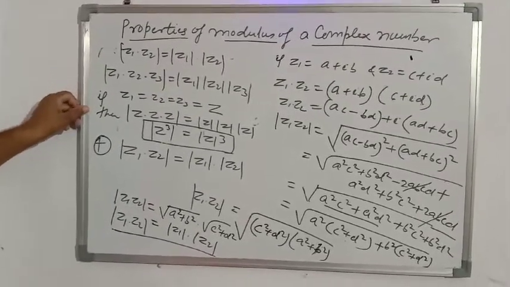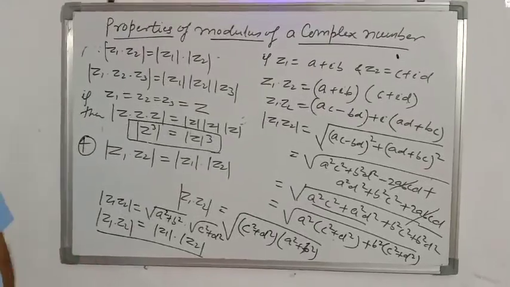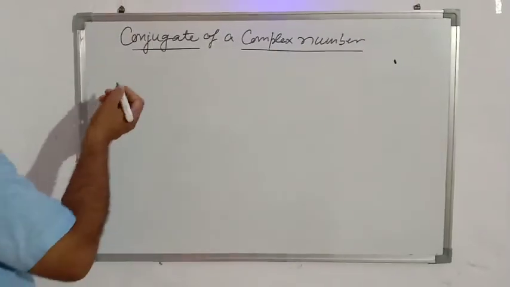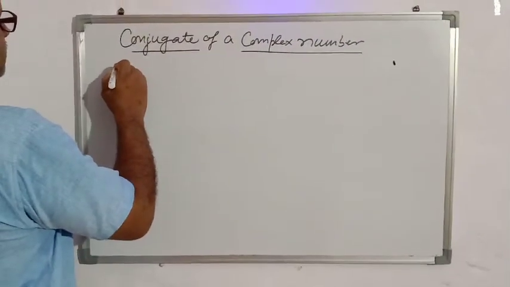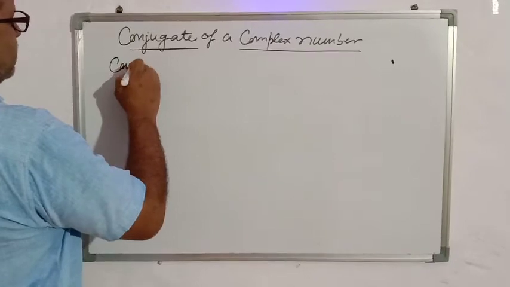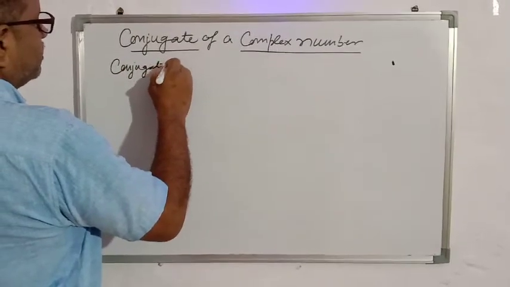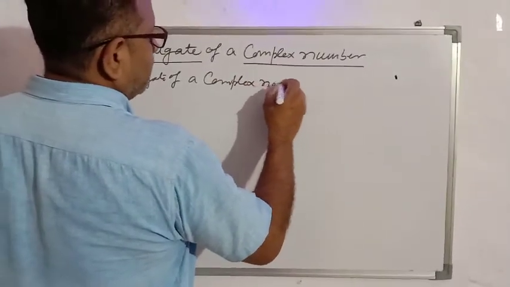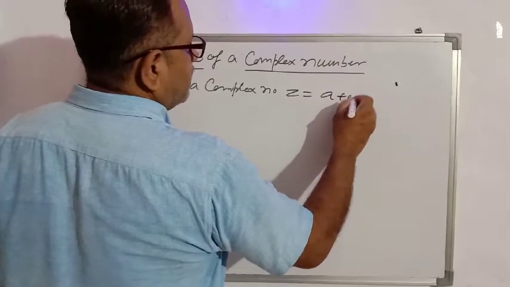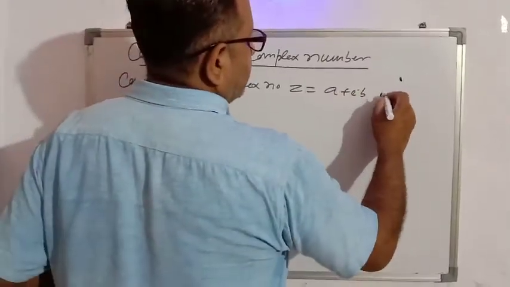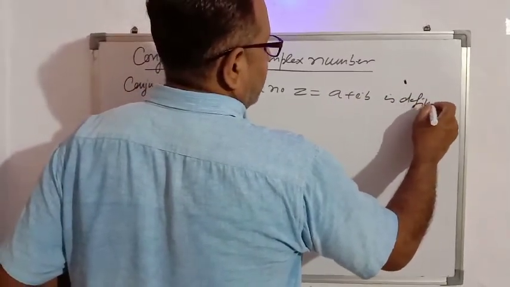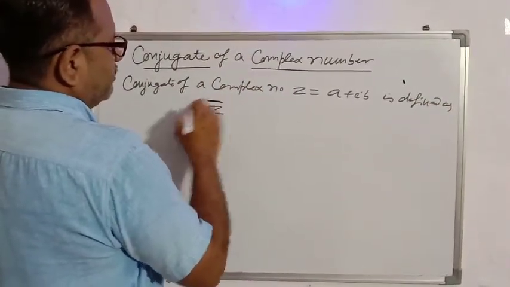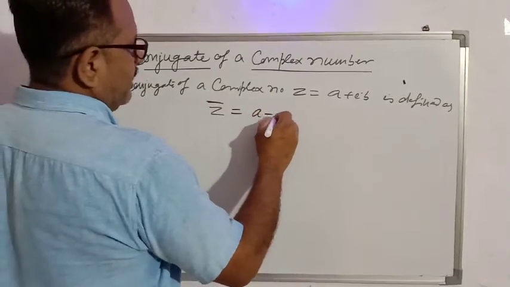Now we will discuss the next topic, conjugate of a complex number. What is the definition? The conjugate of a complex number z equal to a plus ib is denoted by z bar. So z bar is a minus ib.